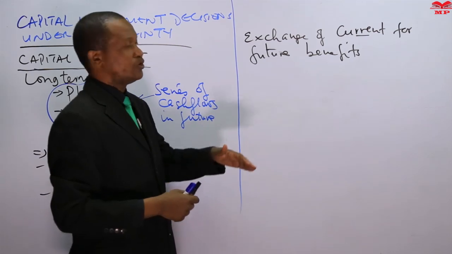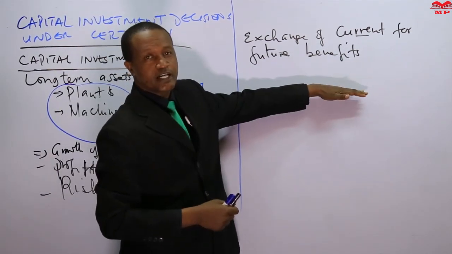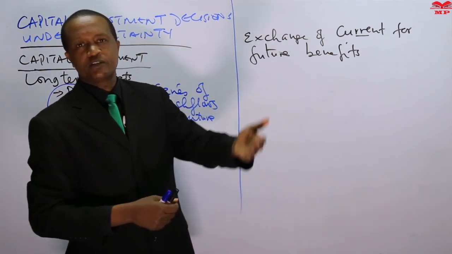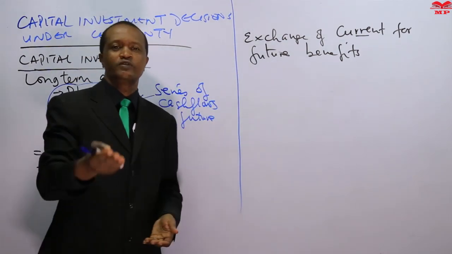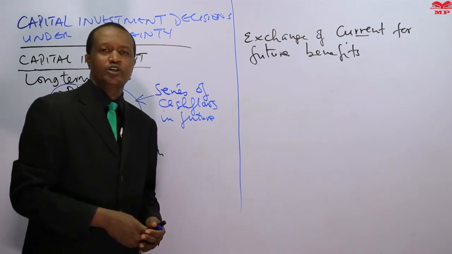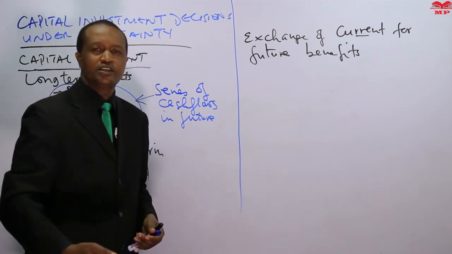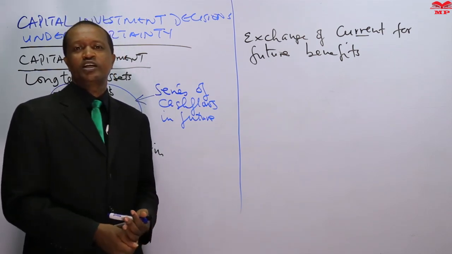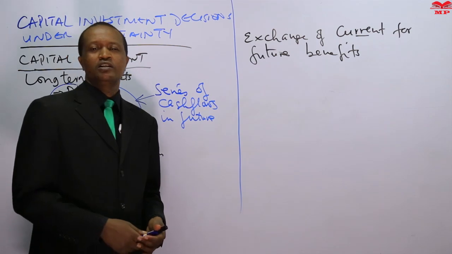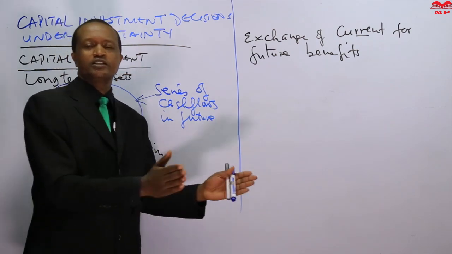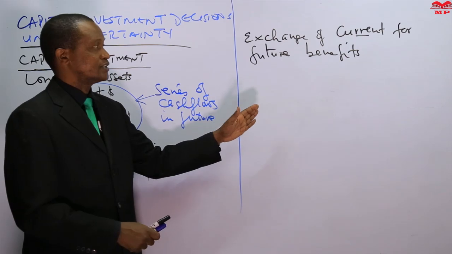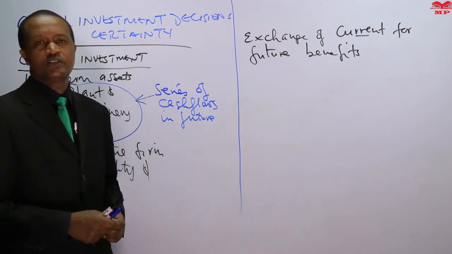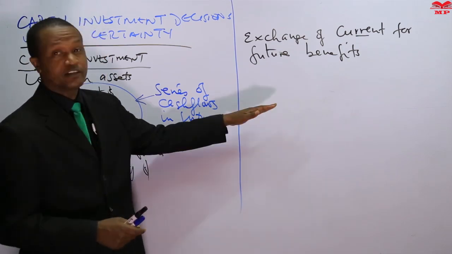You forego current comfort, expecting to have benefits in future. It is the same concept even with you who is learning. When you are learning, you are investing your financial resources in buying study materials and video lectures, foregoing certain comfort so that you can learn. You are sacrificing current comforts so that you can have future benefits.